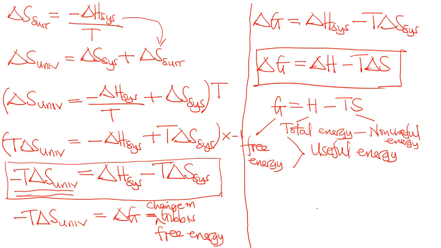So if you subtract non-useful energy from total energy, you get free energy, the energy that a thermodynamic system is going to actually use. So we call that free energy. You are not going to use the enthalpy of the system, no, but you are going to use the free energy of the system, that is G.